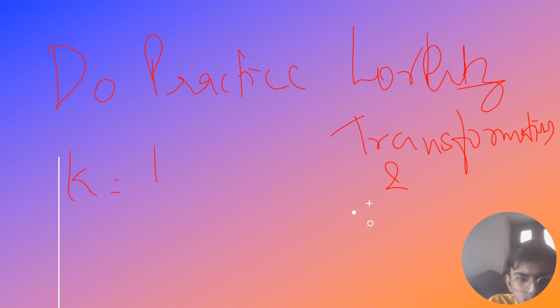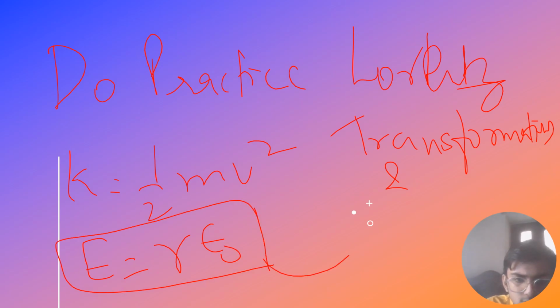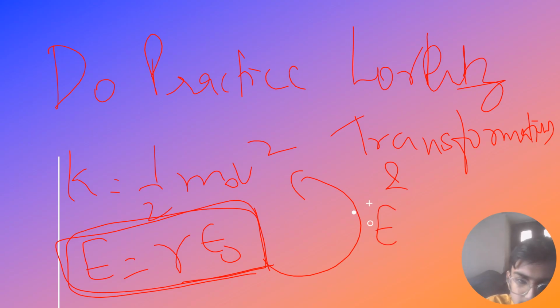You can try to get the same result: kinetic energy equal to half m v square, using E is equal to gamma times E naught, which we discussed. You will get the same result. We know that E naught is equal to m naught c square. So from that you can write E minus E naught, and then you can try.